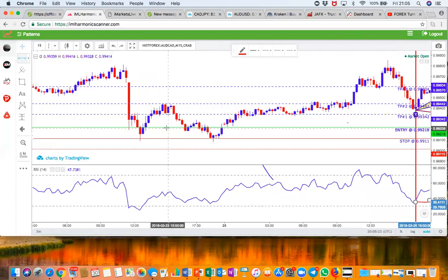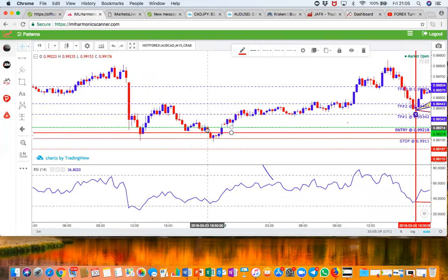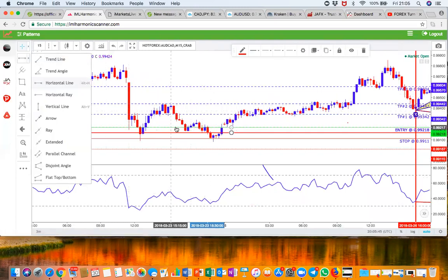So when we are going into a buy, we look for the red candles. So we won't go for this one. We can go for that one here. This one here, we can go for that one and that one together. And the next one, another horizontal line.